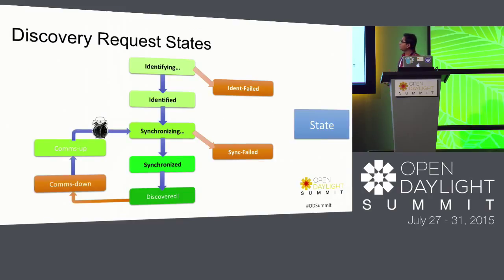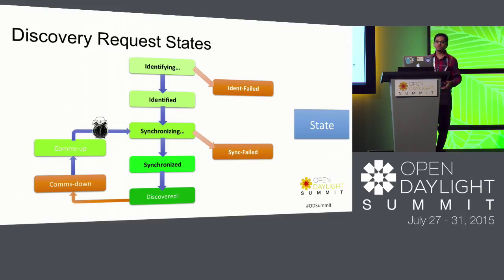So this is how manual discovery gets invoked. I'll talk about the exact process when it's invoked, but this is the request state. It goes from identification, if it fails, identification failed state, identified, and here between this, once we have the credential manager working, it will use the credential manager to identify the device.